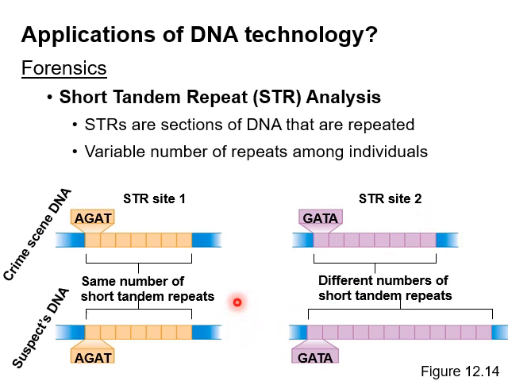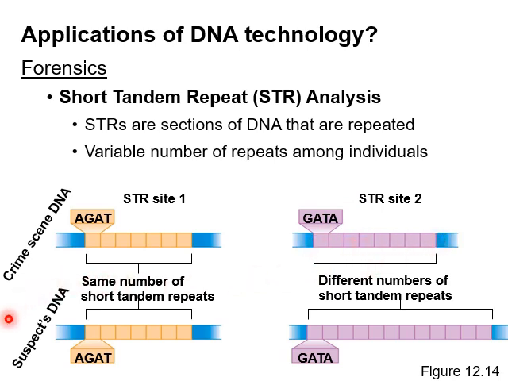So in this case, say we've got crime scene DNA. At short tandem repeat site 1, there are 7 different repetitions. And in site 2, we have 8 different repetitions.